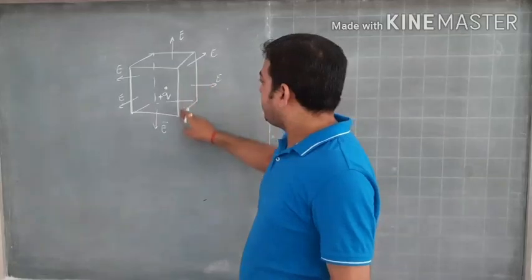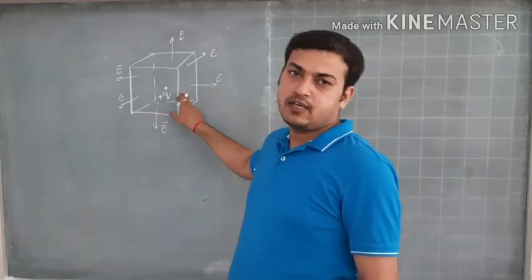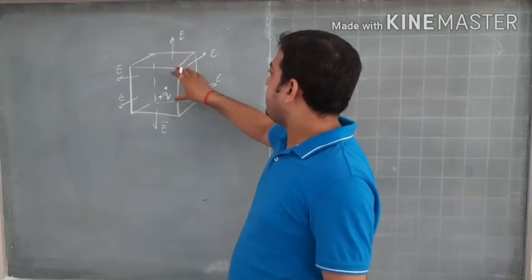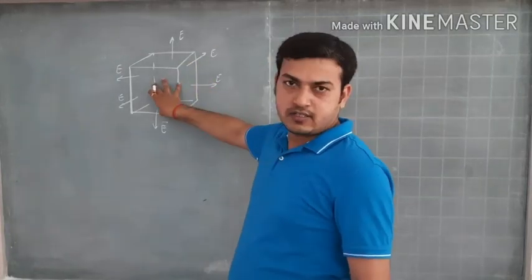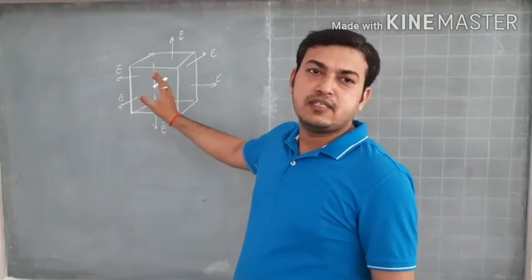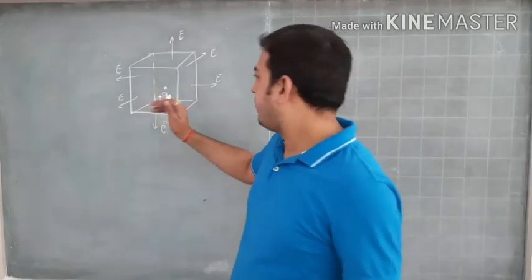Since the electric field lines are passing through this surface, there is a flux associated with that, and since the field is going away from the box, the flux is an outward flux.